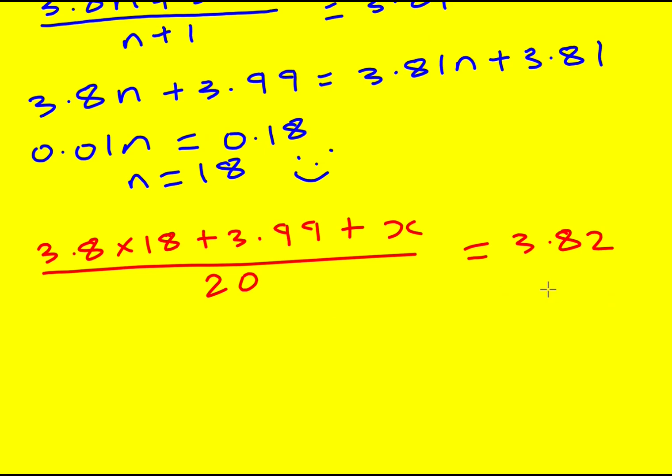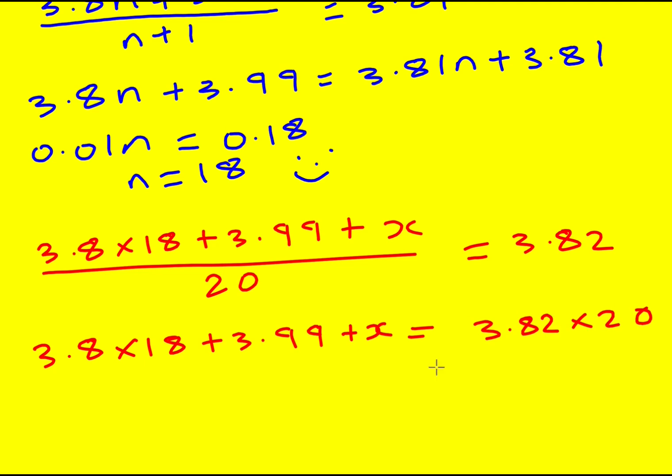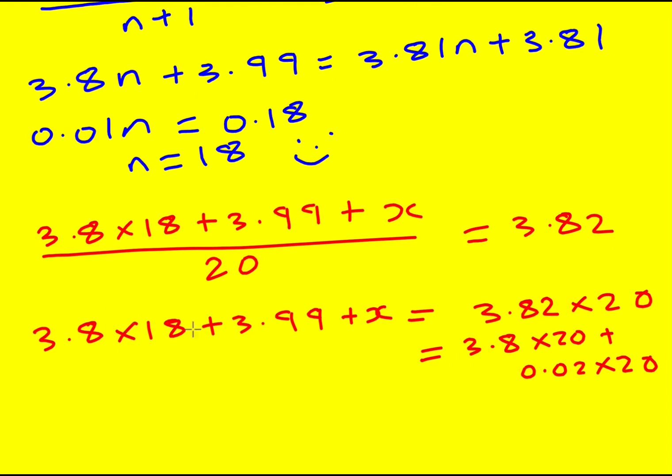Going to multiply through by 20, so 3.8 times 18 plus 3.99 plus x is going to equal 3.82 times 20, but I could write that as 3.8 times 20 plus 0.02 times 20. The reason is it's just going to make life a little bit easier over here.